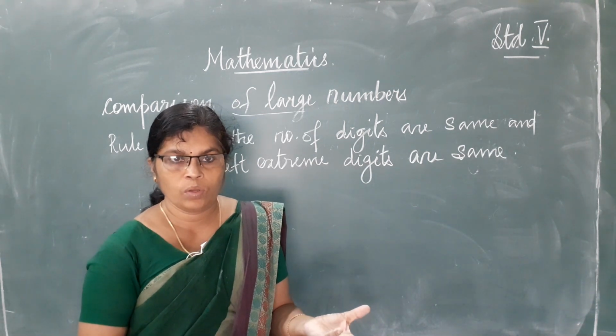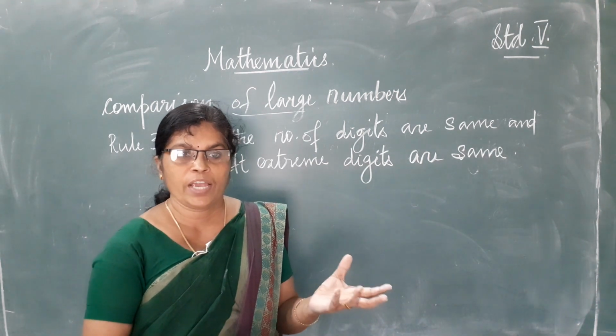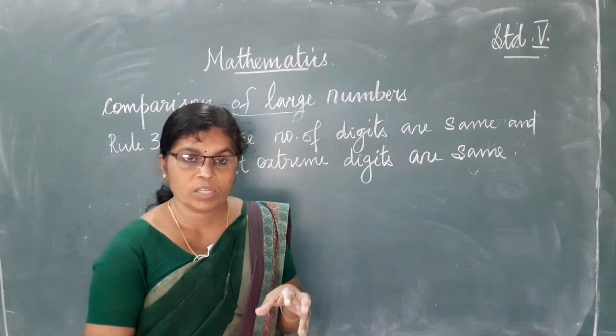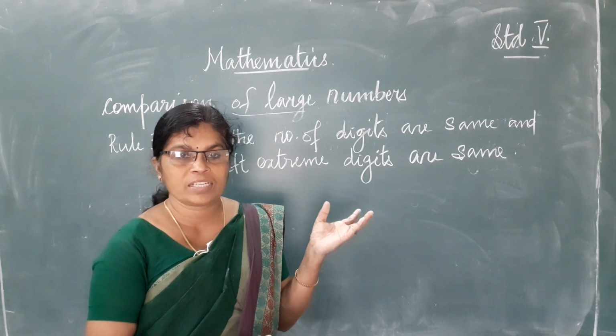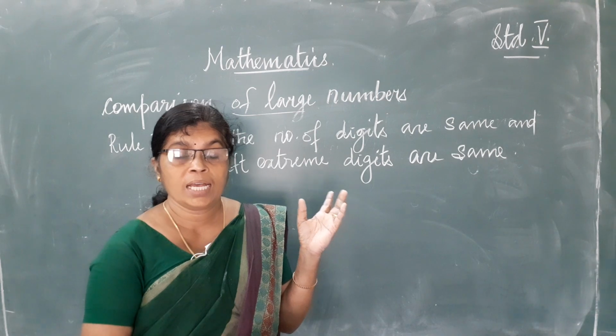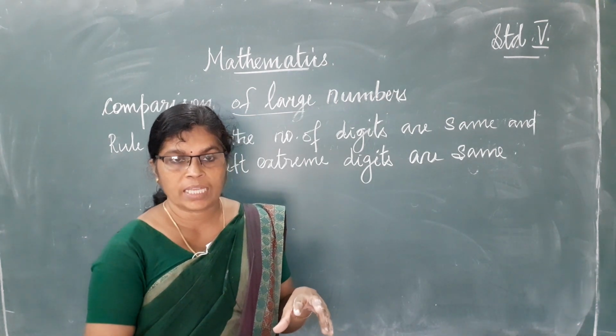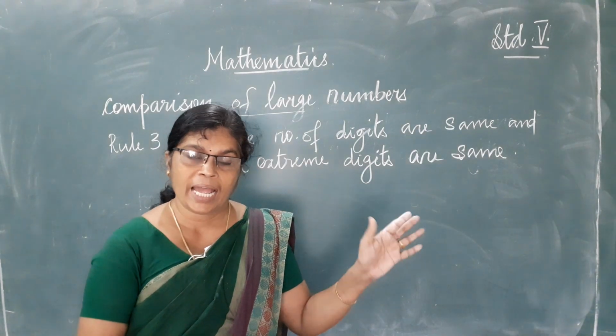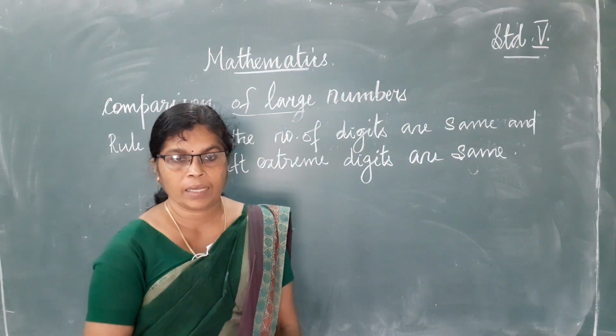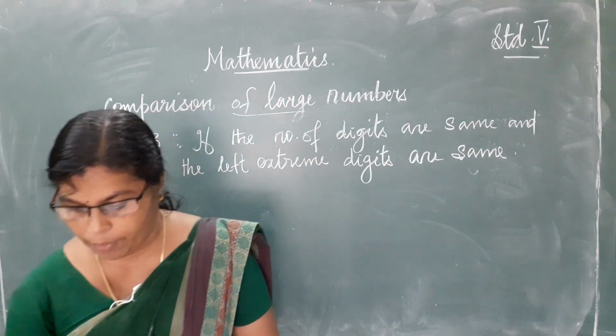What should we do? Then in that case we have to move to the next digit. From the left extreme digit we have to move to the next digit and compare those two digits, and whichever digit is greater, that number will be the greater number, right? Let's see the example for that.